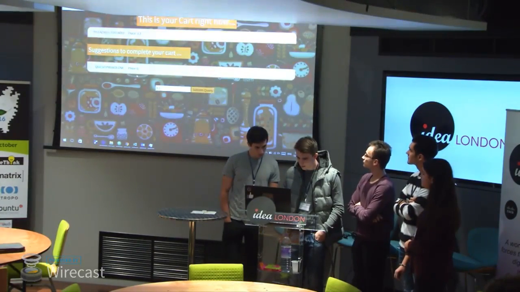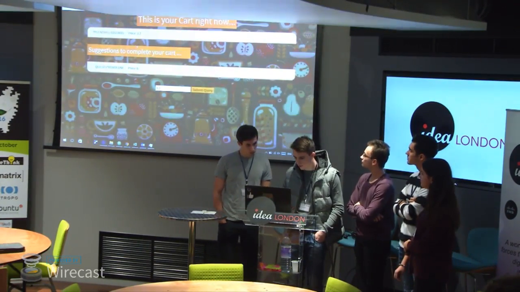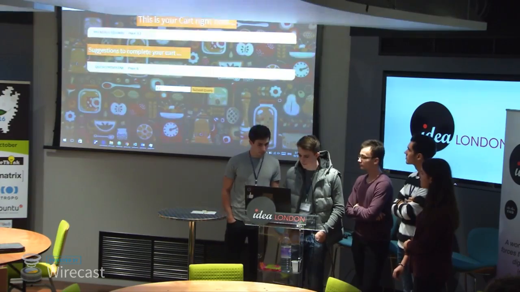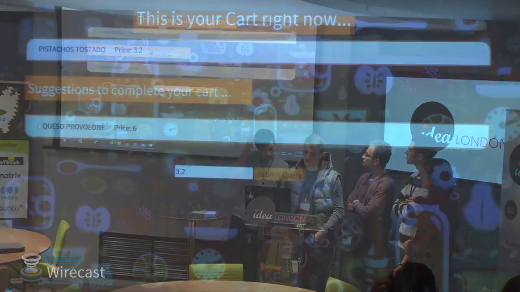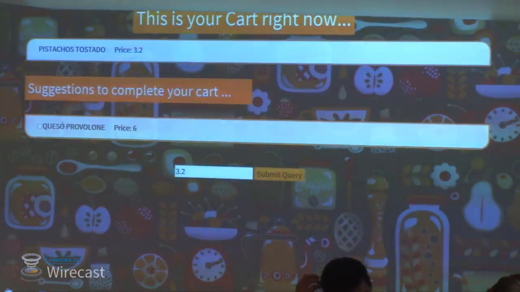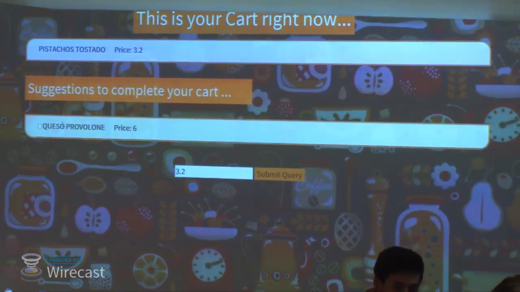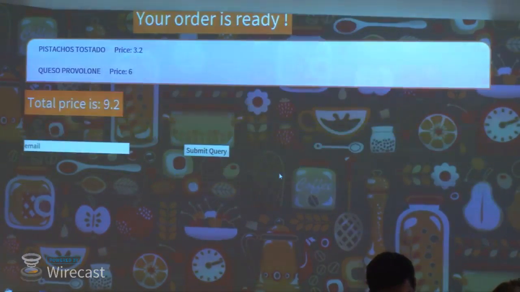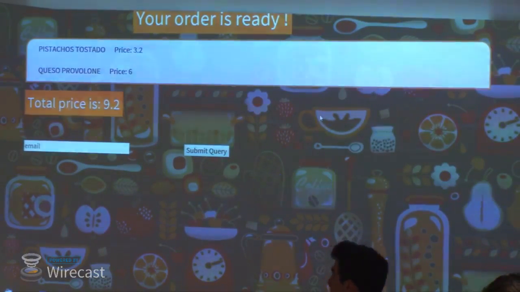So this is the cheese with the best price, I think, or the most popular, whatever I chose. And the pistachios. You can either choose what was recommended for you, or leave it like this. So you submit the query, and this would be your final shopping list.